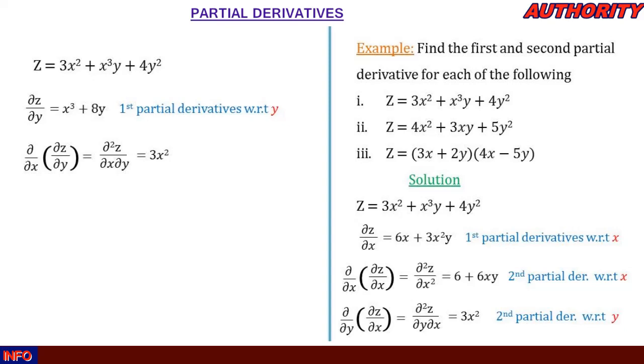So the partial derivative with respect to x of the partial derivative of z with respect to y gives us 3x squared.